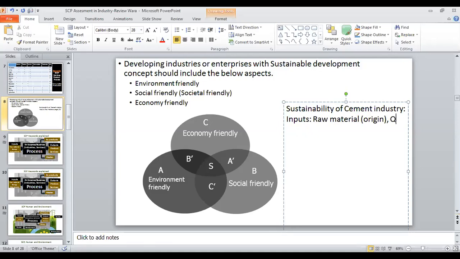Input raw materials, origin. If you are transporting raw materials from very far, that is not sustainable. It is more energy consuming for the environment. So wherever the raw material source is, you have to start the factory over there itself. That's why origin, the quality and purity of the raw material.